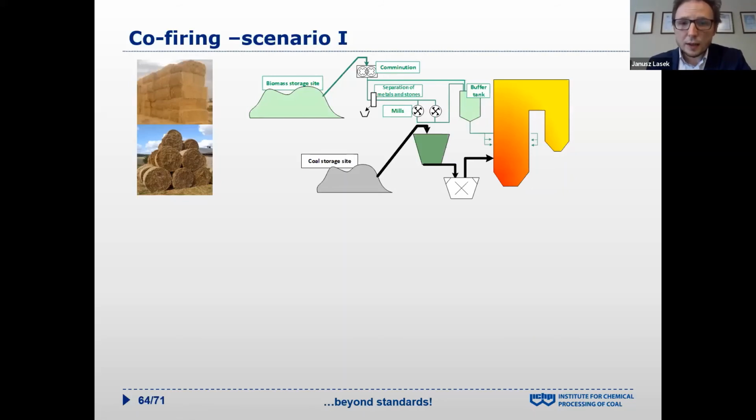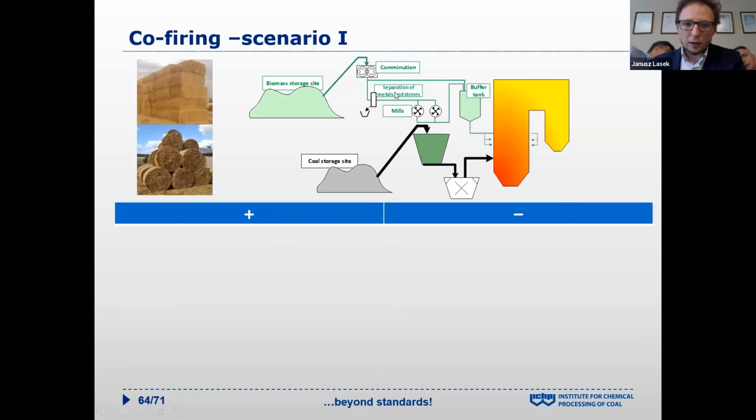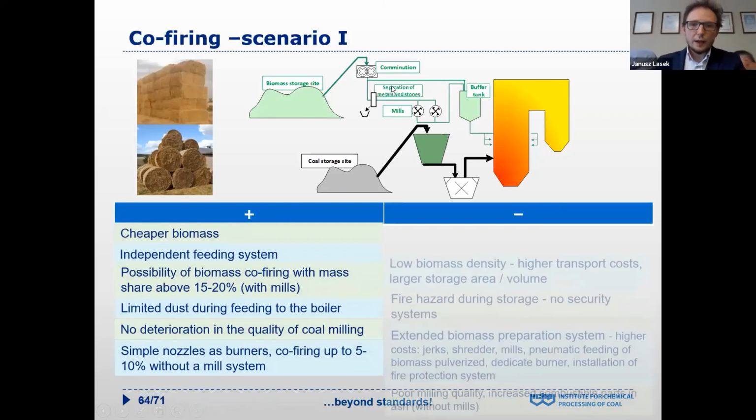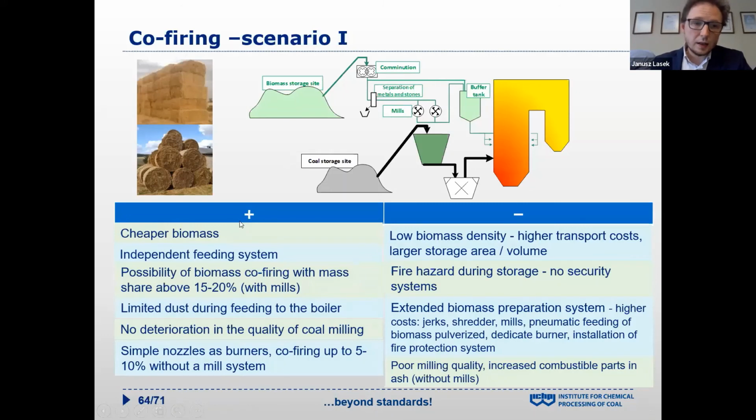But if we apply other biomass mills, as you can see here, after that we can feed the biomass into the biomass burner. It's not a simple nozzle, it's a specific burner. We can increase the biomass share. Let's compare the advantages and disadvantages of such a solution. The main advantage is cheaper biomass, for sure, because there is no pelletization cost.